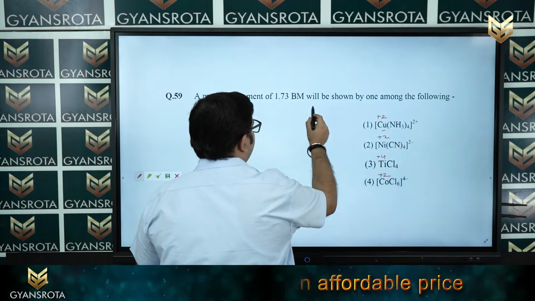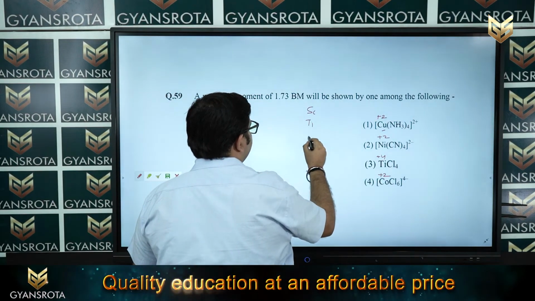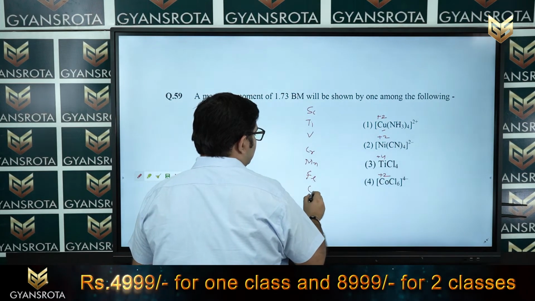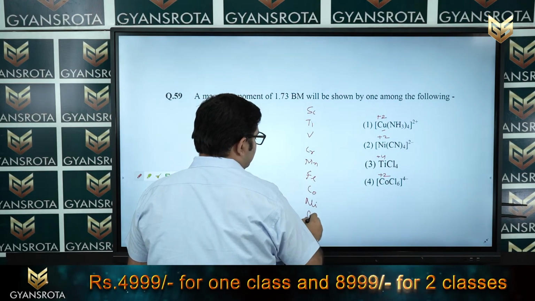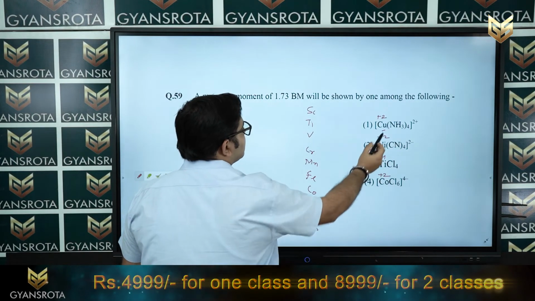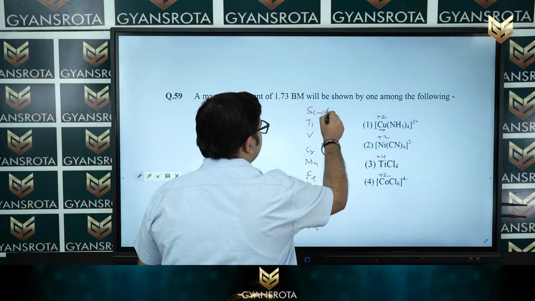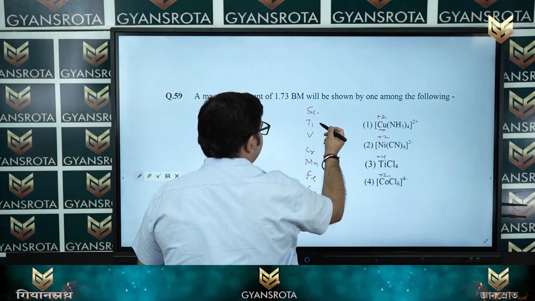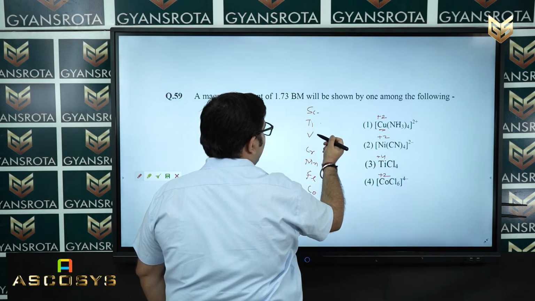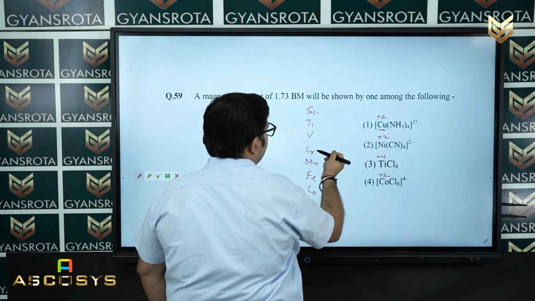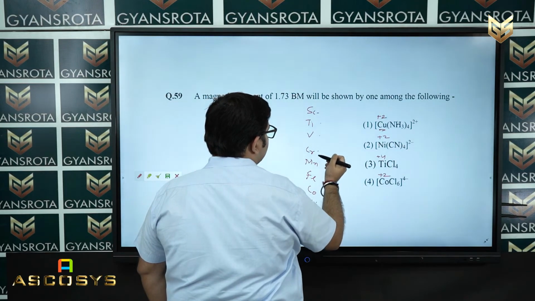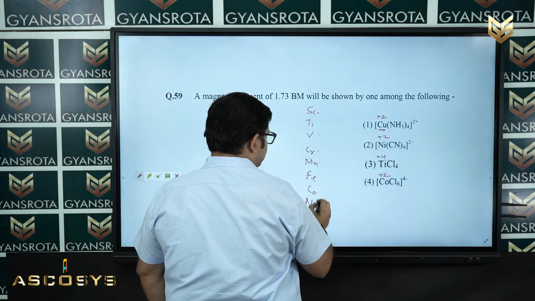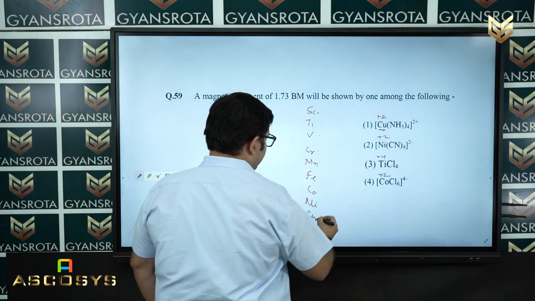Now, we know Sc, Ti, V, Cr, Mn, Fe, Co, Ni, Cu, Zn. So, we need d1 s2, d2 s2, d3 s2, d4 s2, d5 s2, d6 s2, and we require copper, right here.